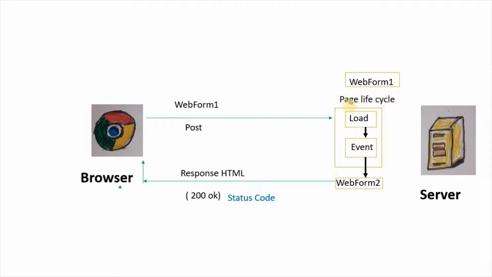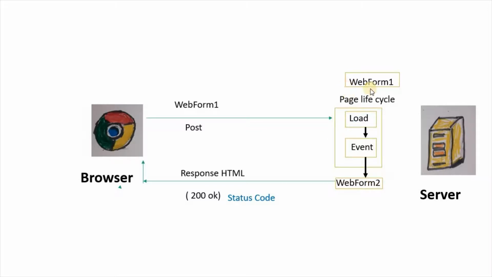Page life cycle of waveform 1 starts, and all the events like pre-init, init, load, all the events start executing. And when the click event executes, because of this line, server.transfer waveform2.aspx, server.transfer happens or redirection happens to waveform 2.